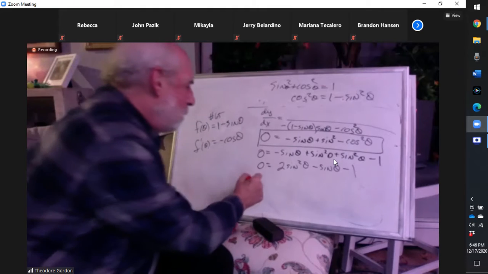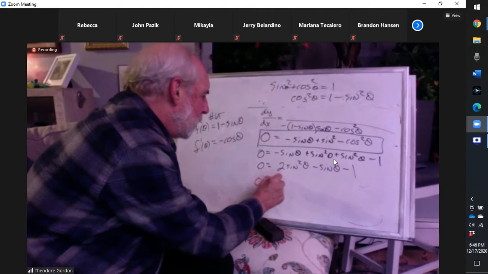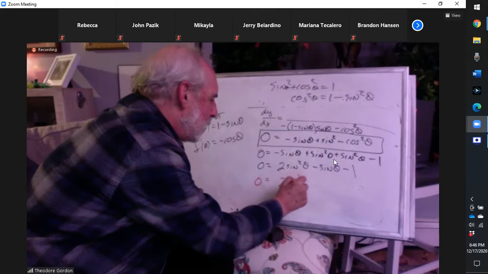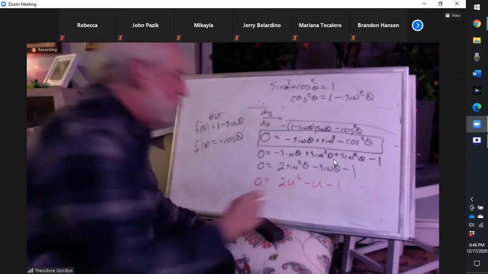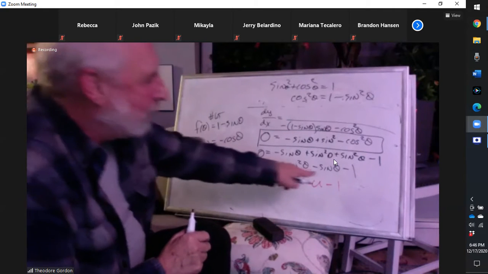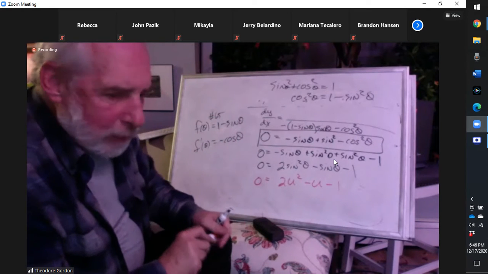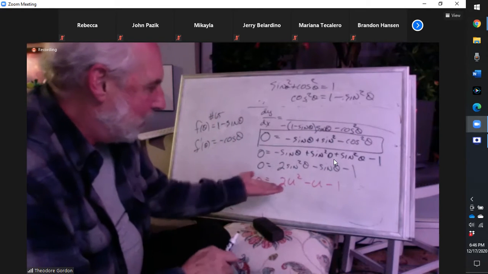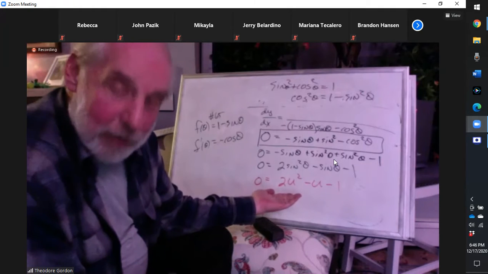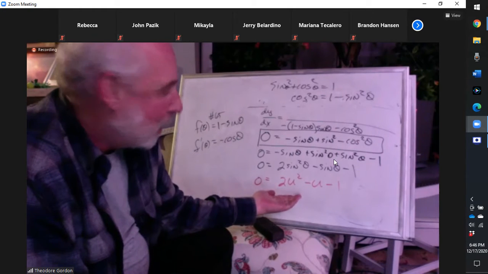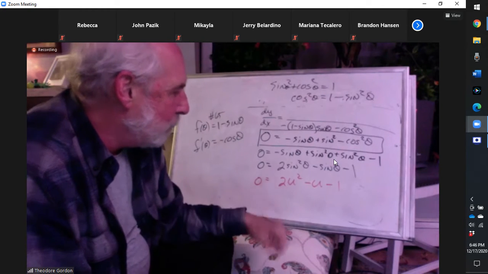So what we have here is 0 is equal to 2u squared minus u minus 1. I'm just replacing the sine theta by the letter u, so that visually now what we see is, oh my goodness, it's a quadratic equation. And how does this factor?